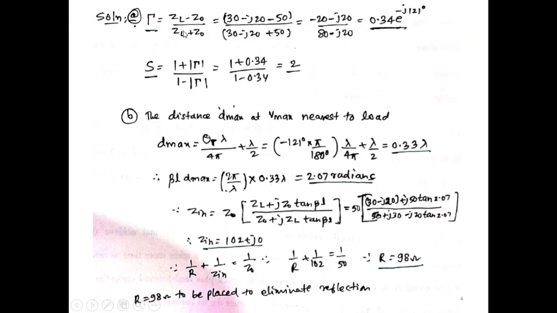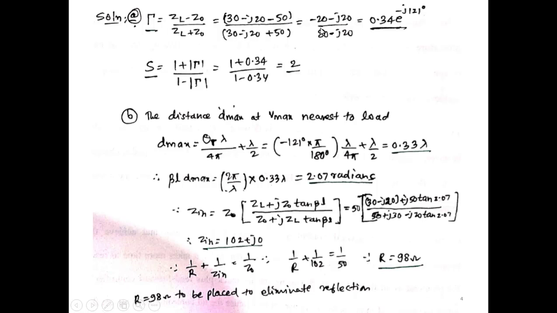So we know that the formula for reflection coefficient is given by load impedance ZL minus characteristic impedance Z0 whole divided by load impedance ZL plus characteristic impedance Z0. Substitute the value of ZL is 30 minus J20 and the value of Z0 is 50 in the numerator, and also in the denominator we will get 30 minus J20 plus 50.